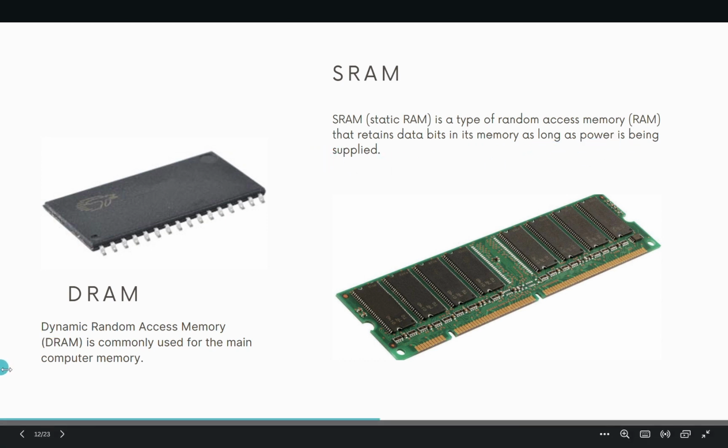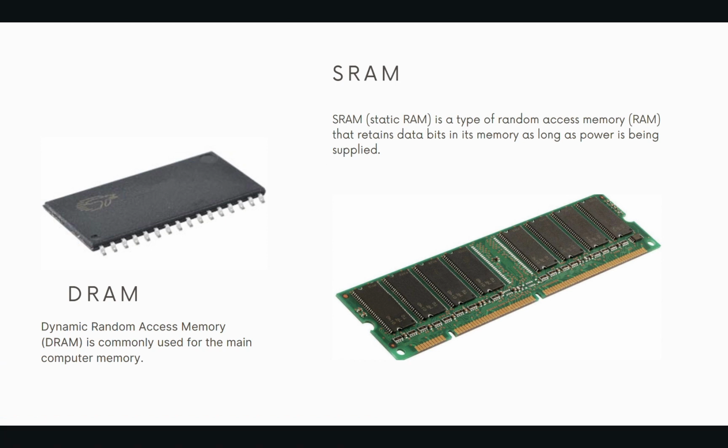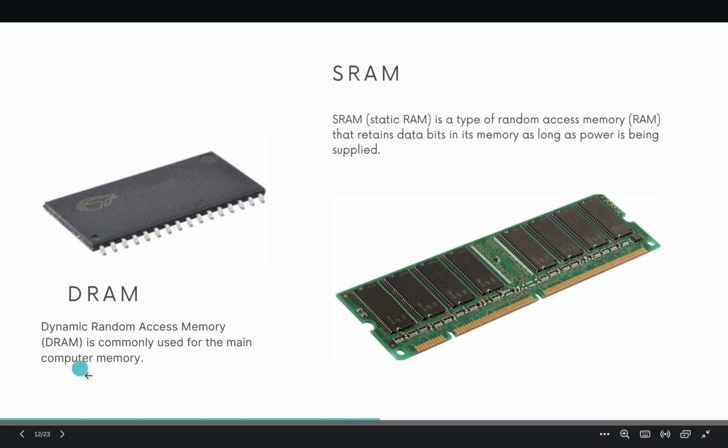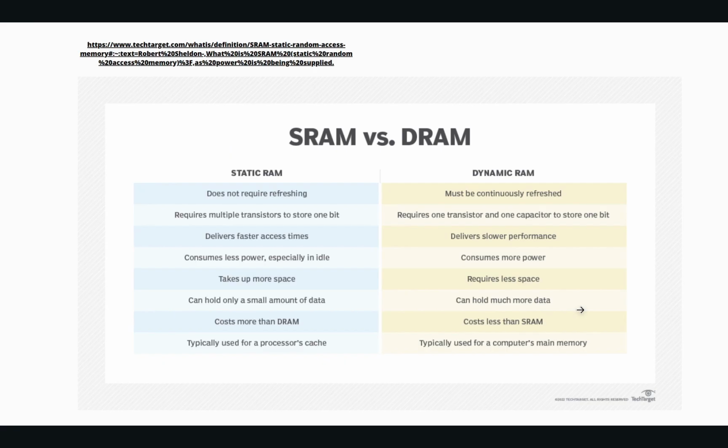And DRAM, dynamic random access memory, needs to be refreshed all the time because the information should flow every time, and is commonly used for the main computer memory. So DRAM is more preferred than SRAM. You should learn their differences also. Computer science papers are in love with the differences, advantages, disadvantages, and stuff like that.